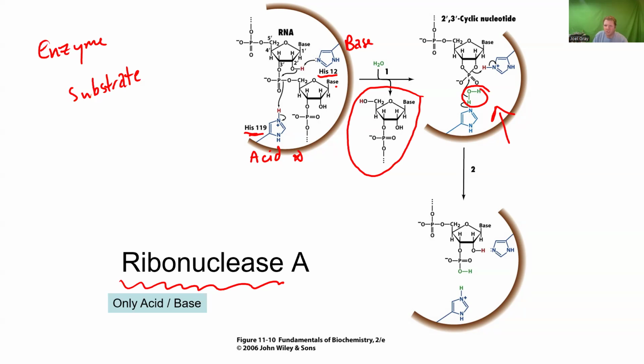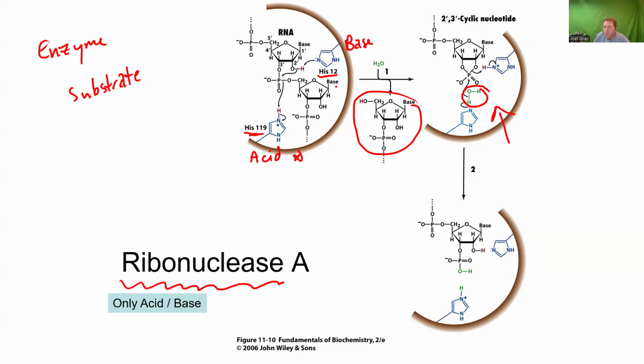Well, water is kind of, I love using this word, duplicitous. Water can act as an acid under the right circumstances. Water can act as a base, also under the right circumstances. In this case, water is rolling in, and it is going to displace a portion of our substrate, the portion that's released.